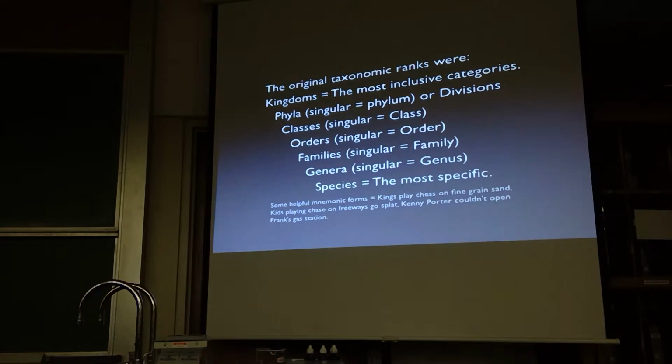Anyway, so notice kingdom, if it's plural, you just put an S on it. Phylum, if it's plural, it's phyla. Class, put an S on it if it's plural. Order, put an S on it. Family, spelling changes, but most people are familiar with changing a Y to an IES. Genus is singular, genera is plural.